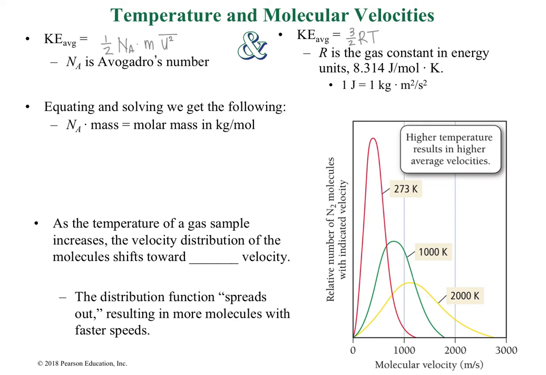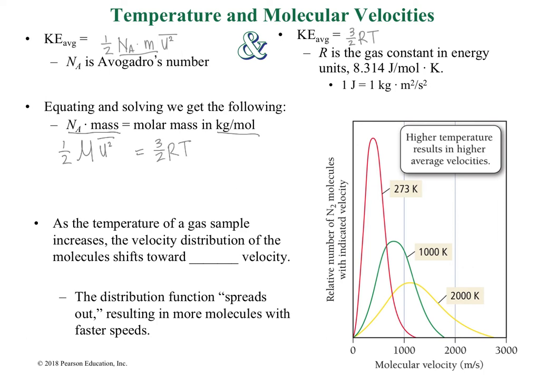So we can set these two together. So I'll get 1/2. Remember that Avogadro's number times the mass is equal to molar mass, and we'll have it be in kilograms per mole. So I'll have 1/2 the molar mass times the average of the squared velocities equals 3/2 RT.